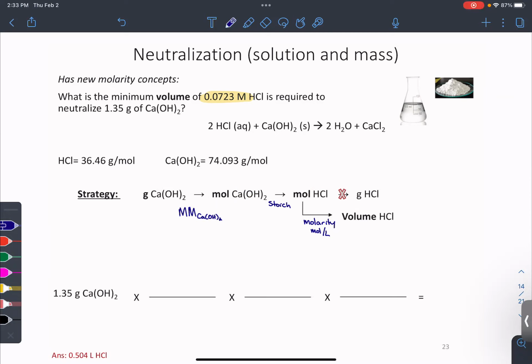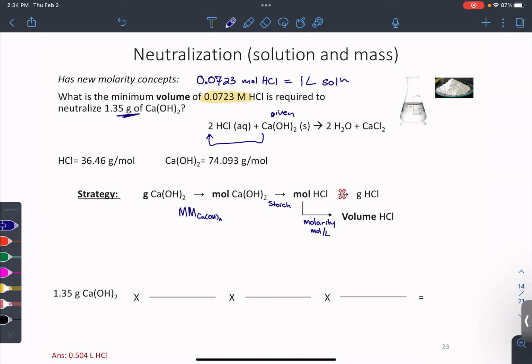So 0.0723 molarity means that there is 0.0723 moles of HCl in 1 liter of solution. And so that will allow me to do the division, the fraction to get to the new unit that I want. So I'm going to start with what's given, which is calcium hydroxide, and we're going to HCl again. We're just taking a little detour at the end.